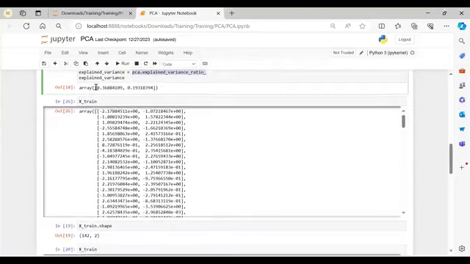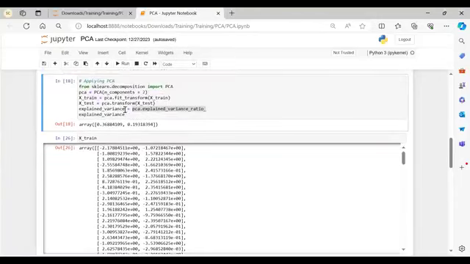So basically this is nothing but the percentage of variance captured by each principal component. It is 0.37 and 0.19. So overall, these two principal components are capturing almost 56 or 57%.